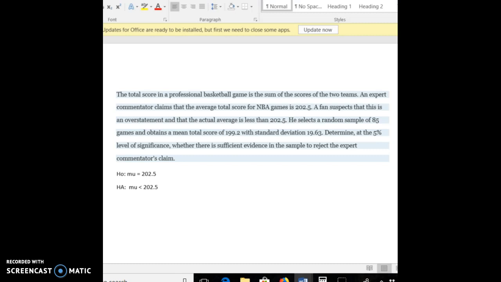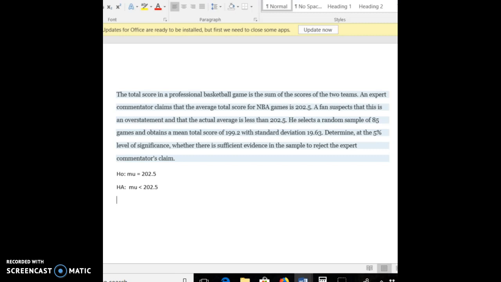Anytime it's less than or greater than, it's one-tailed. If we had mu is not equal to 202.5, that's a two-tailed test. So this one is one-tailed. We need to keep that in mind when we go to look up our value for z later on.